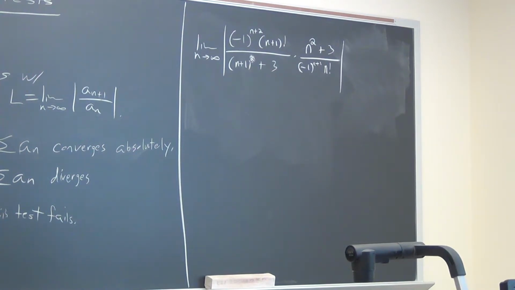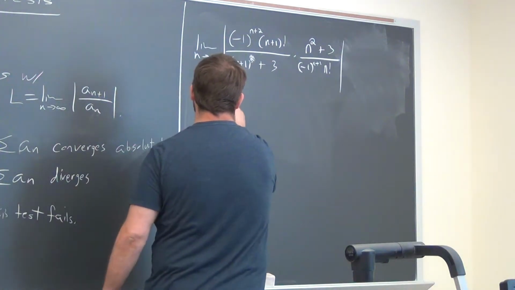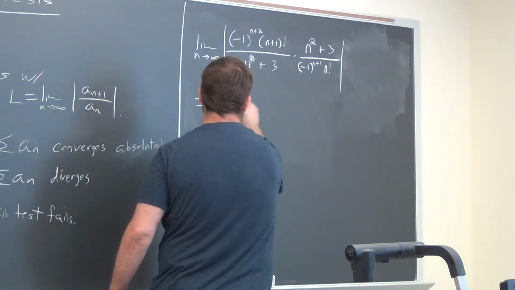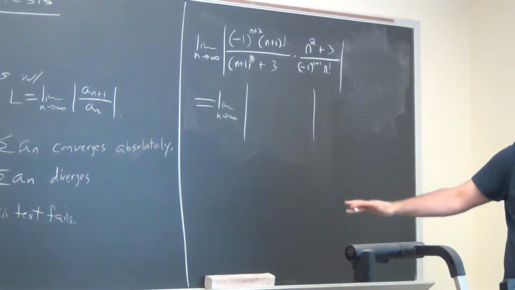You're really dividing by it, but they're almost always fractions, and so it's convenient just to start off like that. All right. Again, we're taking absolute values, so we just ignore the negative 1s.